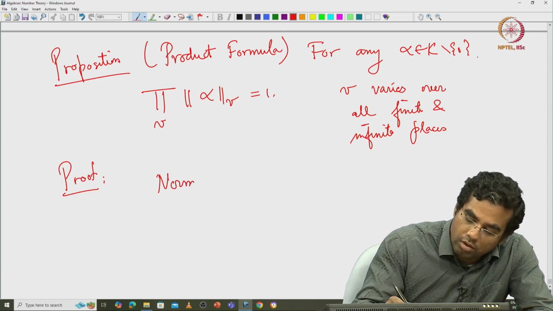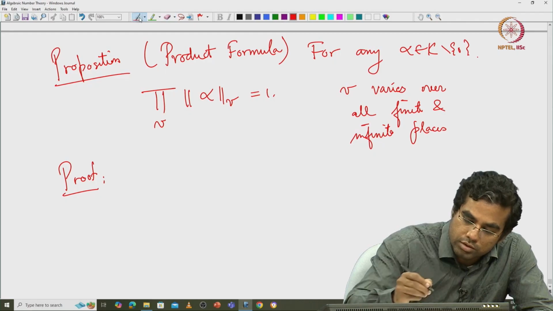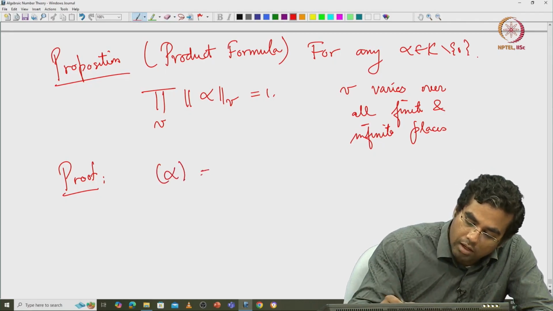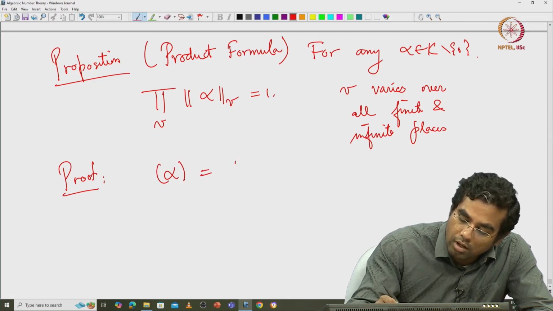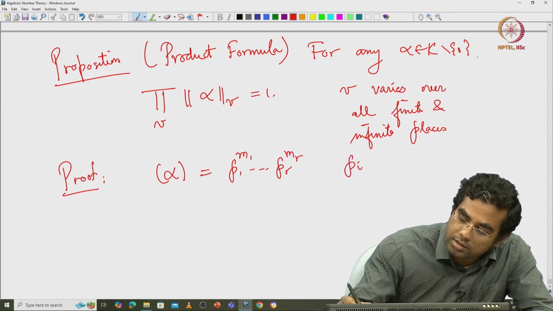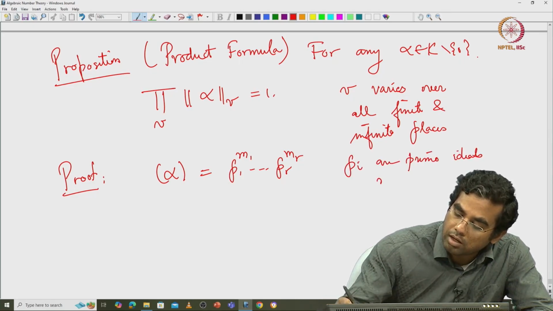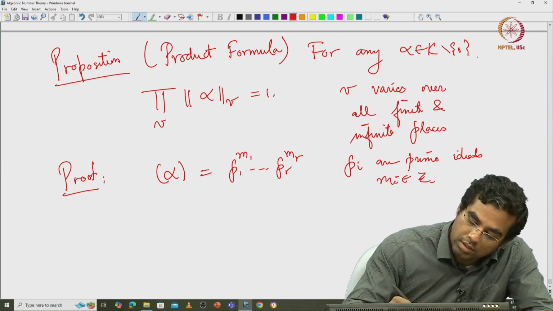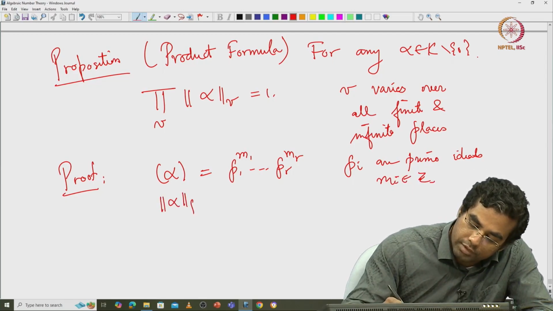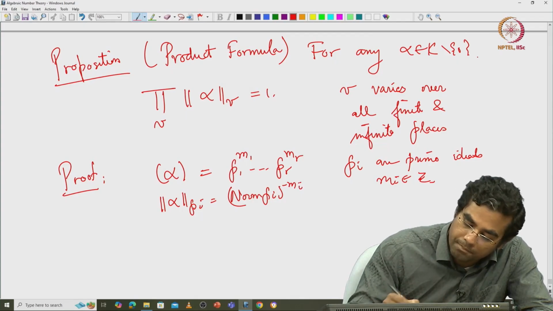If I take norm, okay, maybe I'll give a few more steps. So, if I take alpha to be P1 to the M1 and so on, PR to the MR, PI's are prime ideals and MI's are integers, then valuation of alpha with respect to PI is norm of PI to the minus MI.